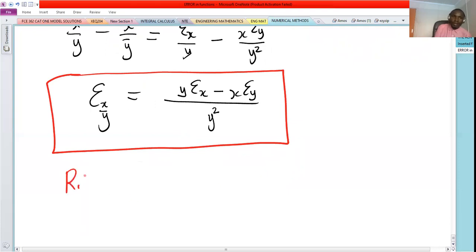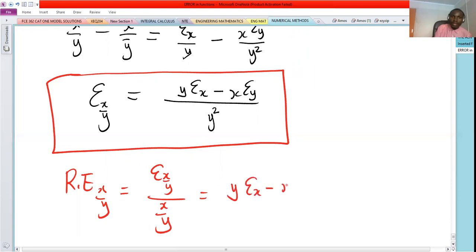Now, relative error in the quotient x over y is error in the quotient over the true quotient, which will be y error in x minus x error in y divided by y squared, and then you divide this one by x over y.